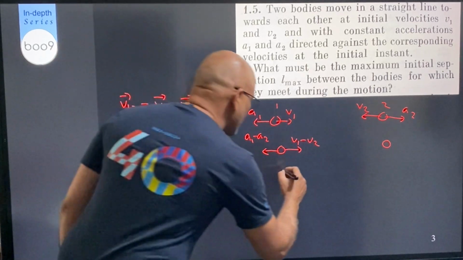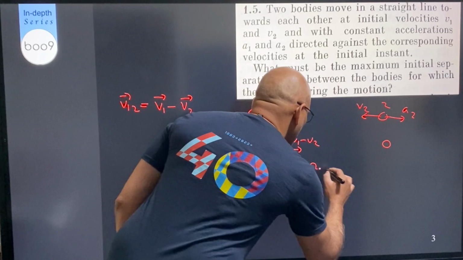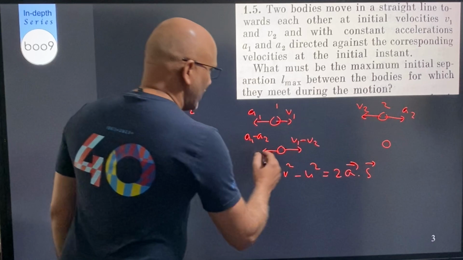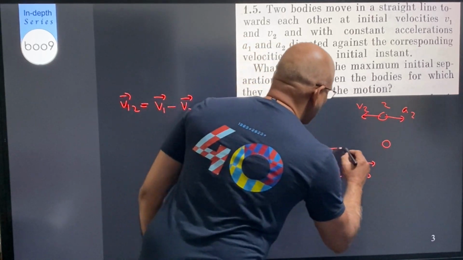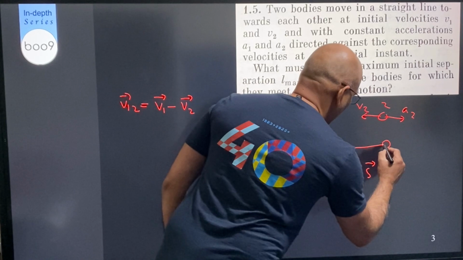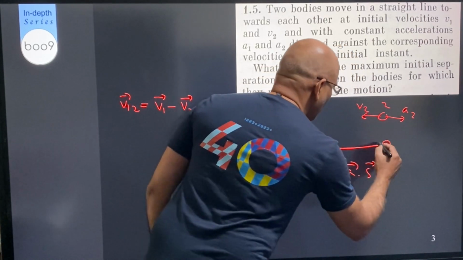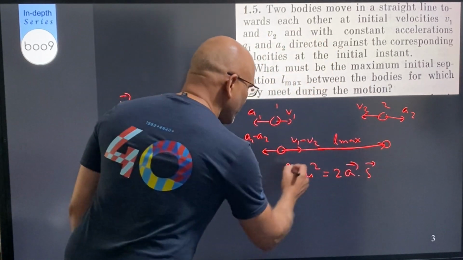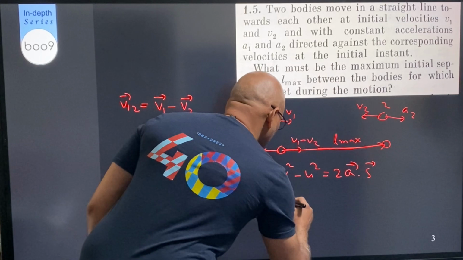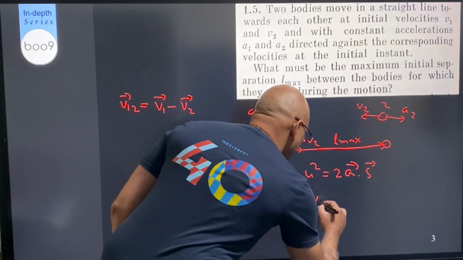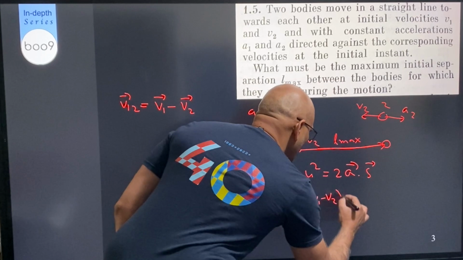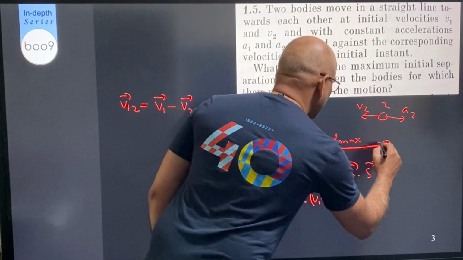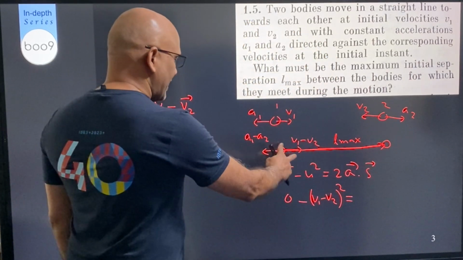And now we can use v squared minus u squared equals 2a dot s. Essentially this is going to go like this, touch, and when it comes to rest, then come back. So this is going to be my L max, right? I'm going to come to rest here. So there's going to be 0 minus u squared, which is (v1 minus v2) squared, equals 2a dot s. This is my direction of s and they are again opposite.